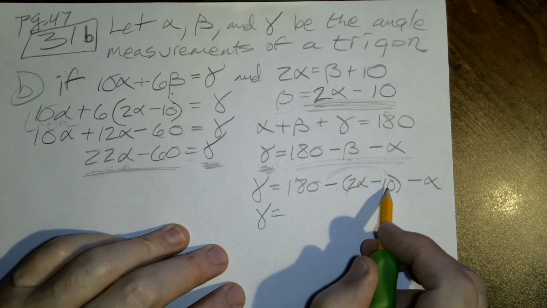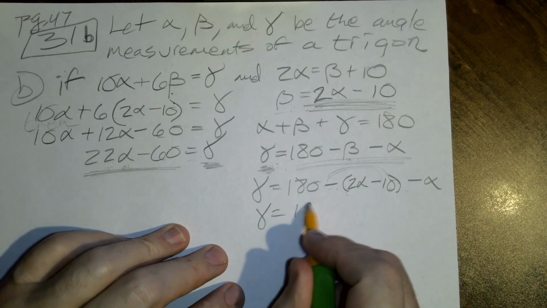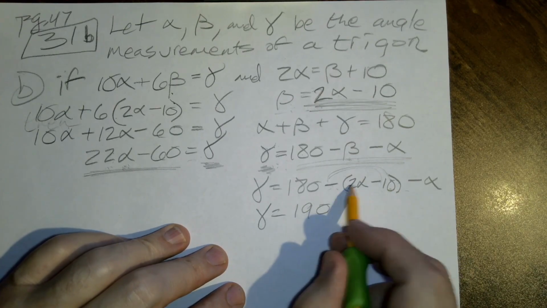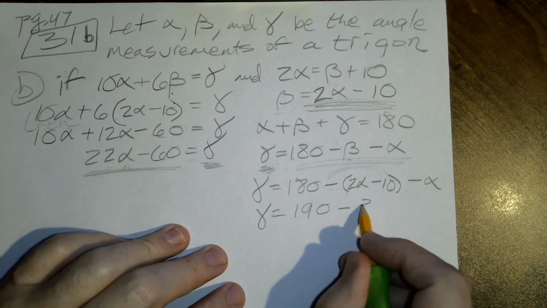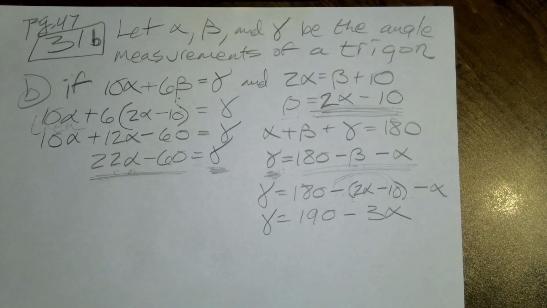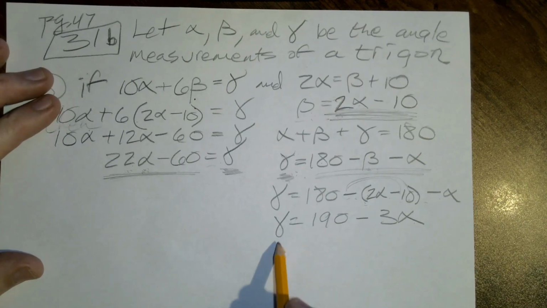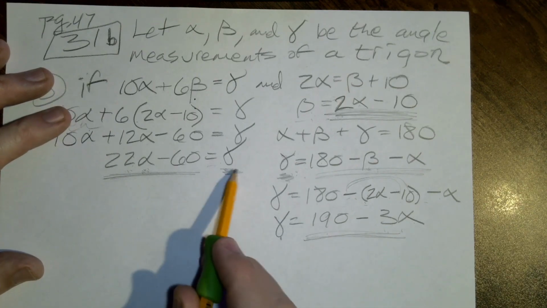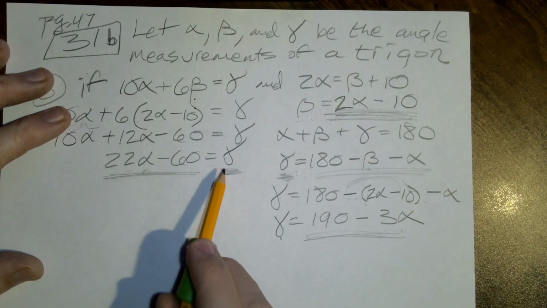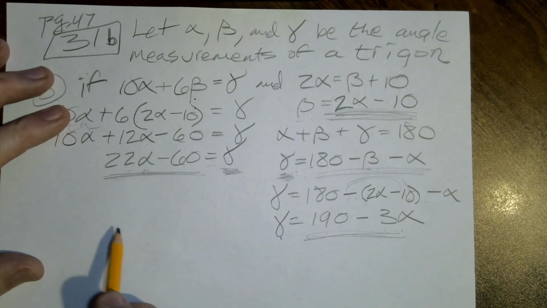So we have 180 and a positive 10, so that's 190 minus 2 alpha minus alpha minus 3 alpha. So that is what gamma is solely in terms of alpha.